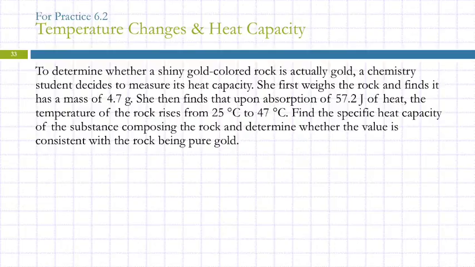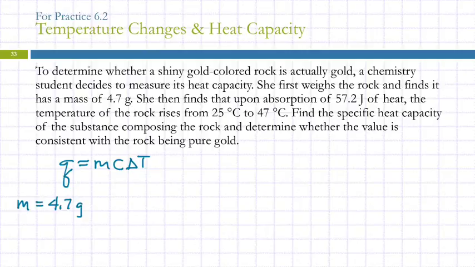These problems need an equation. So we've got Q equals MC delta T is our go-to equation. There's numbers in there. Let's pull those out and identify them. 4.7 grams. What's that? The mass of the rock.